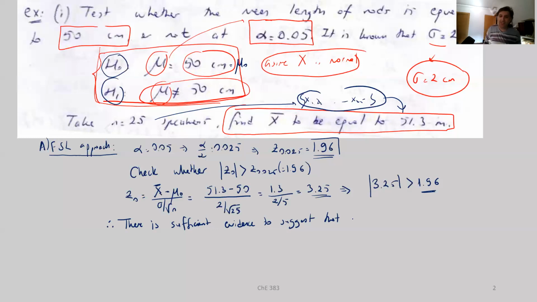Please write the result explicitly: there is sufficient evidence to suggest that the mean road length is not equal to 50 centimeters. And note that this is going to be a strong conclusion.